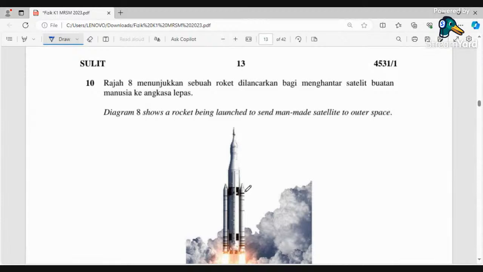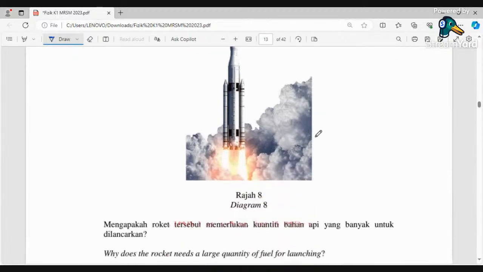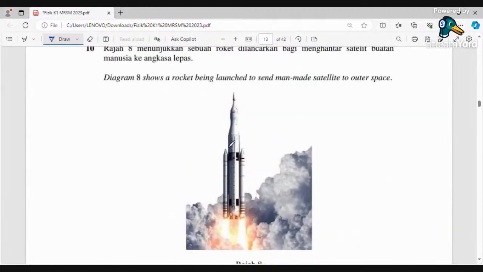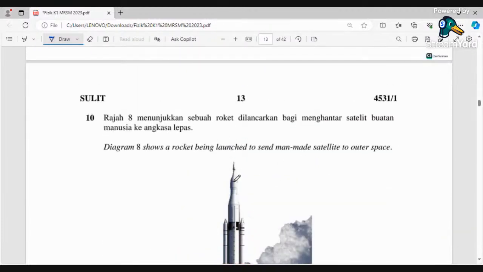Okay, number 10, rocket launch sends man-made satellite to outer space. Okay, why does a rocket need a large quantity of fuel for launching? Kita tahu rocket is very heavy. It contains a few parts which are very heavy.